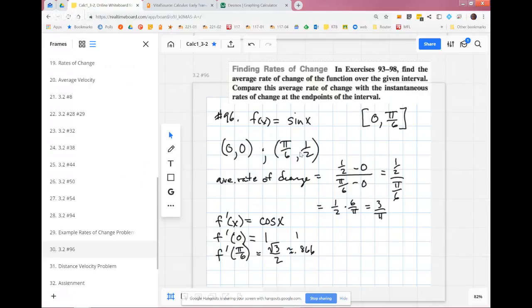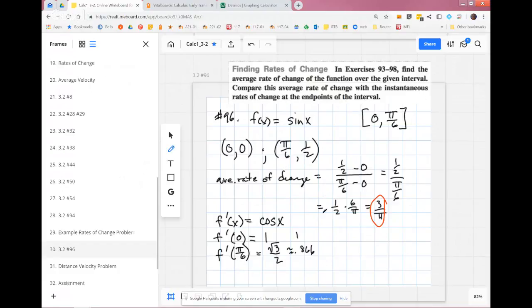So here are my two ordered pairs. Do the slope, and I wind up with 1/2 divided by pi over 6, which turns out to be the final average rate of change right there, 3 over pi.